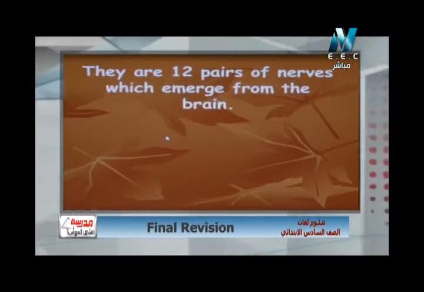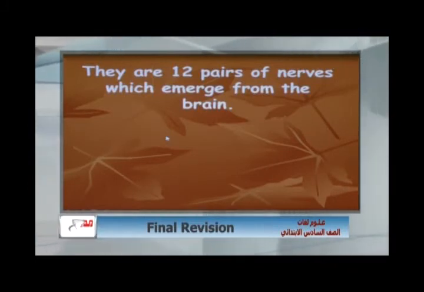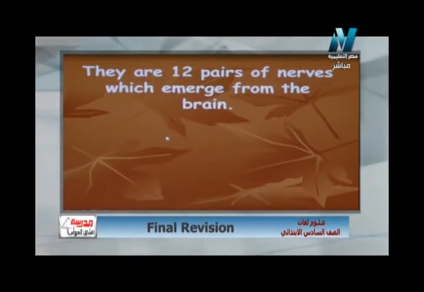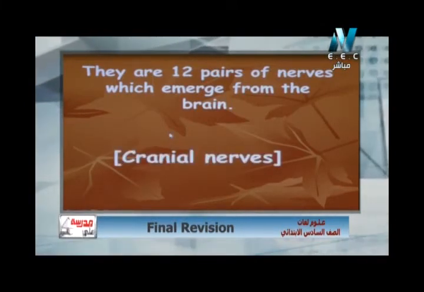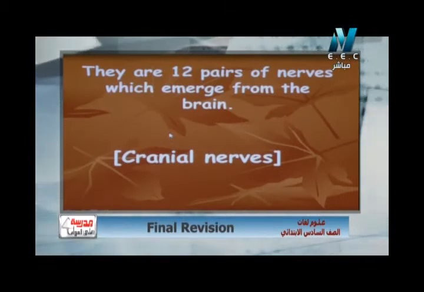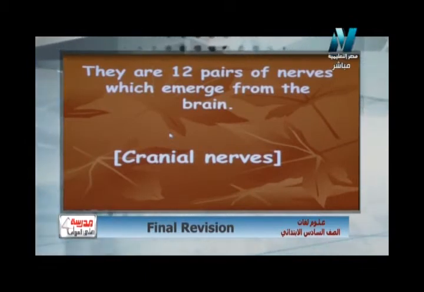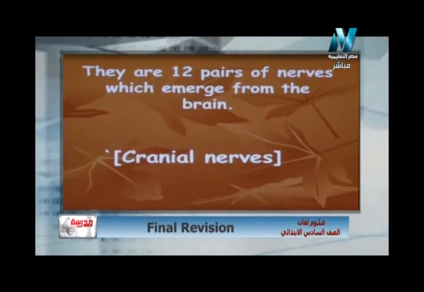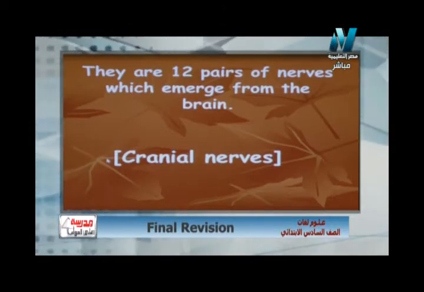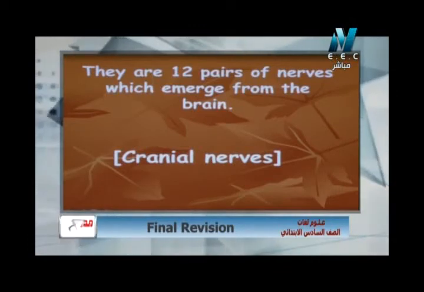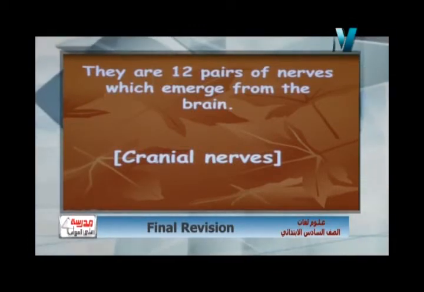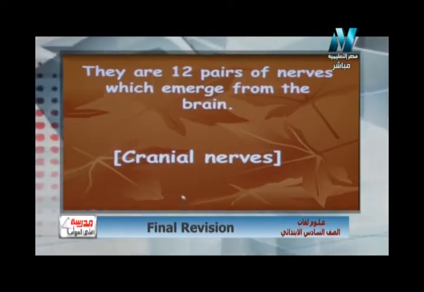Another question, there are 12 pairs of nerves which emerge from the brain. هم 12 زوج من الأعصاب تخرج من المخ. Surely they will be the cranial nerves. والسؤال ده أكتر مرة سألته، ليه ما نسميناهمش brain nerves؟ هو نفس المعنى تقريبا، لكن cranial أدق شوية إنها كلمة cranium معناها الجمجمة، فهم أعصاب موجودين داخل الجمجمة وخارجين من البرين، وده معنى أدق شوية من brain nerves. يبقى سميناهم cranial nerves يعني أعصاب مخية.